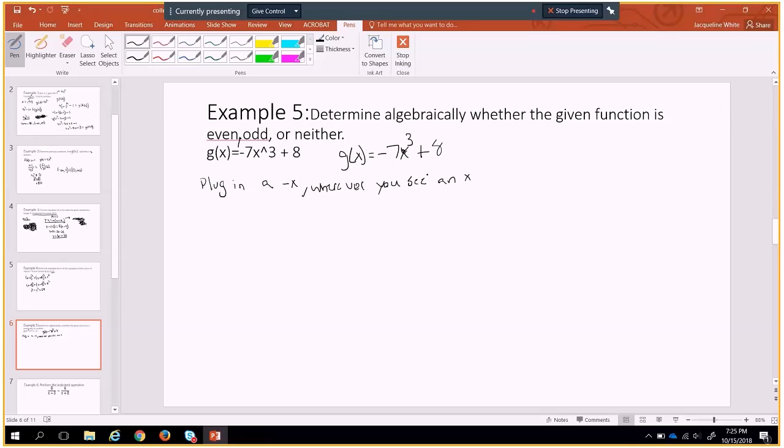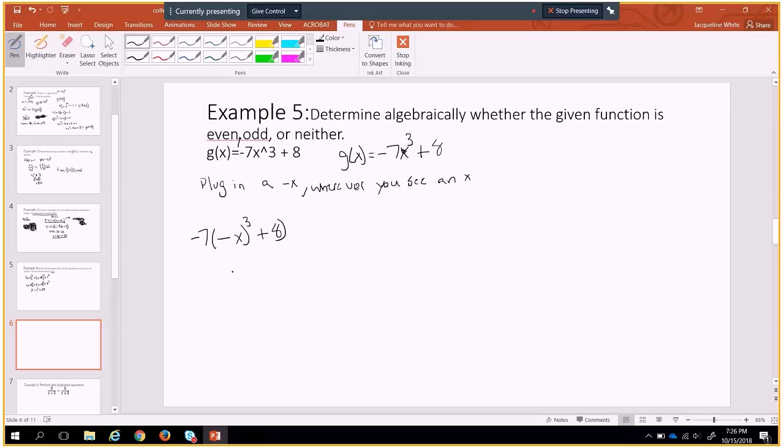All right, and we're going to see the implications of that in a second. Okay, so if we plug in a negative x for every x in this function, we're going to have negative 7 times (negative x) cubed plus 8, right?